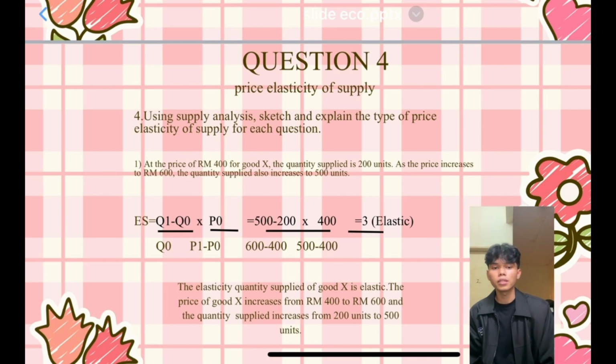The conclusion is the elasticity of quantity supplied of good X is elastic. The price of good X increases from RM400 to RM600, and the quantity supplied increases from 200 units to 500 units.